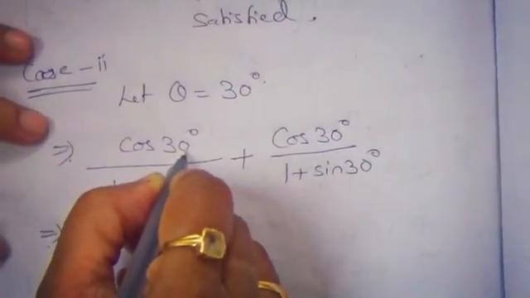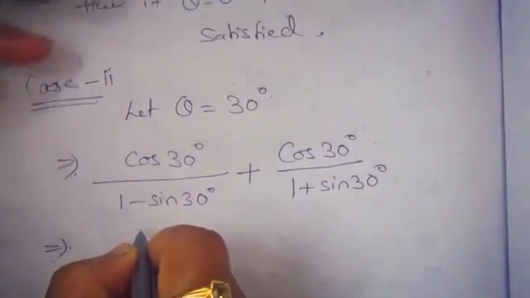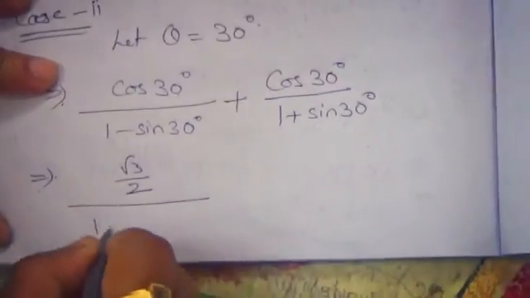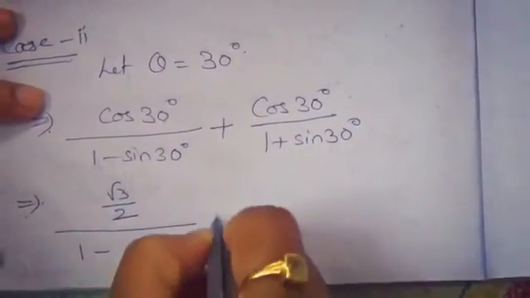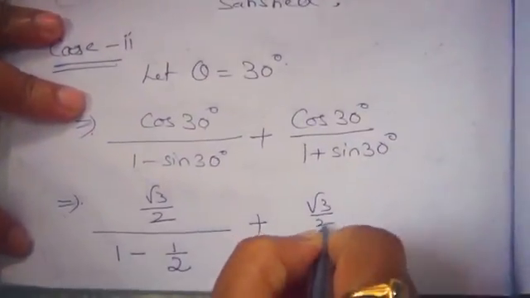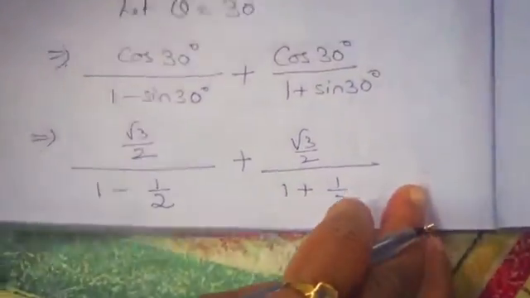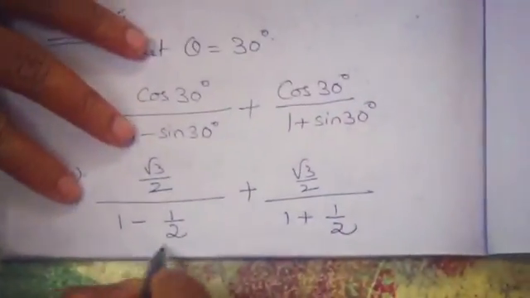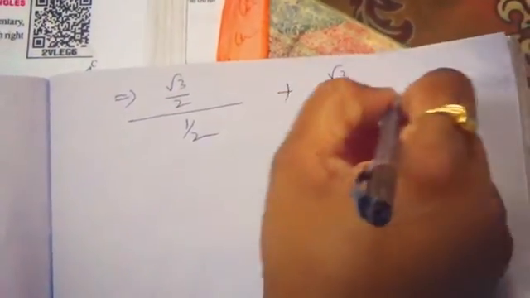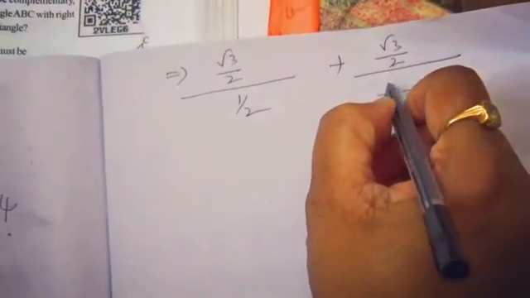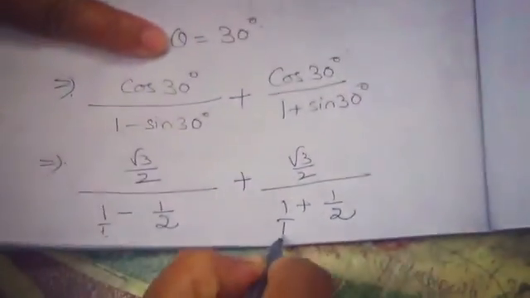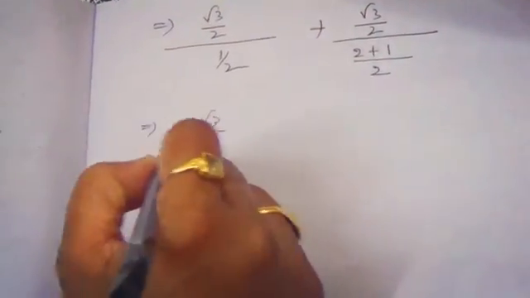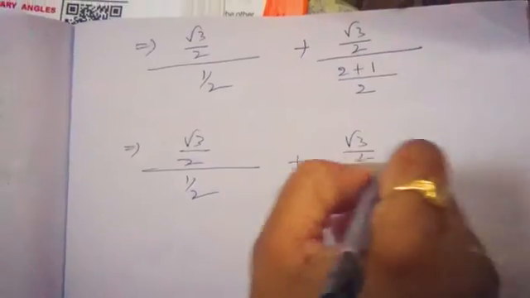The value of cos 30 degrees is root 3 by 2, and sin 30 degrees is 1 by 2. So root 3 by 2 whole by (1 minus 1 by 2) plus root 3 by 2 whole by (1 plus 1 by 2). Doing the LCM, which is 2, we get root 3 by 2 whole by 1 by 2 plus root 3 by 2 whole by 3 by 2.